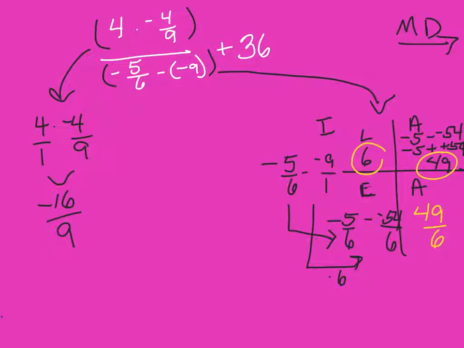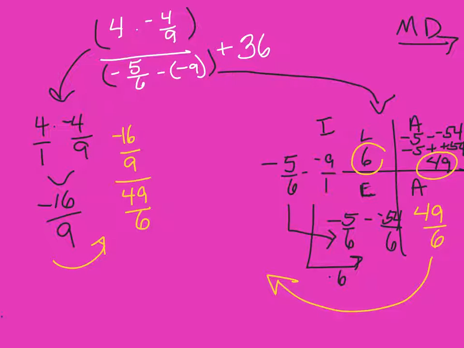So I'm going to take both of these answers and rewrite this. So on the top, I've got negative 16 ninths divided by 49 sixths. Make sure that that's clear division, plus 36.